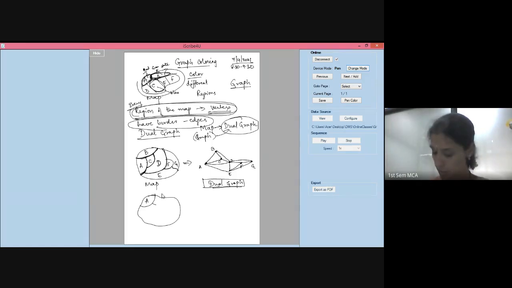That's my A. That is B, C, D, E. This is the map. Can you try drawing the dual graph? A, B, C, D, E.